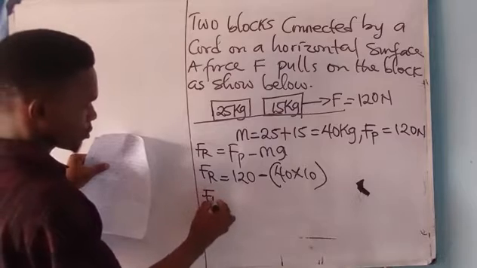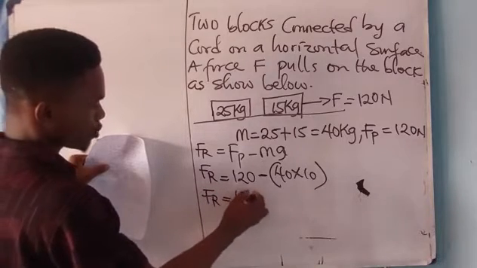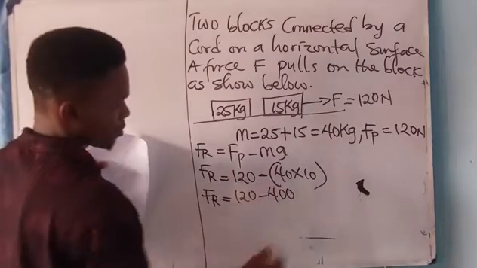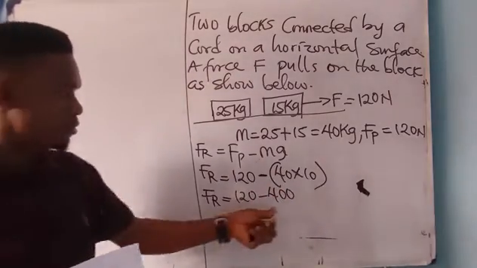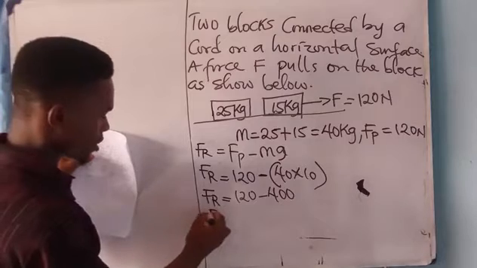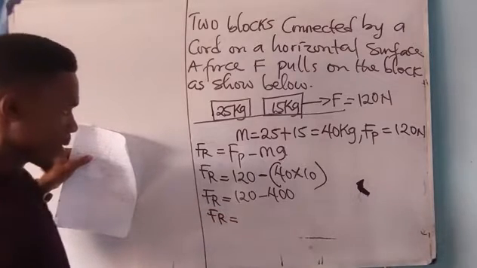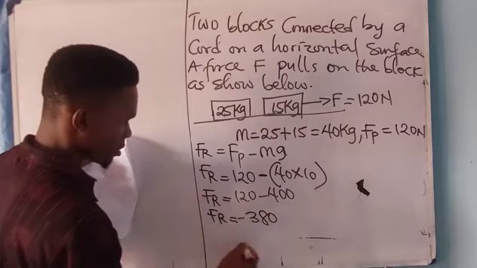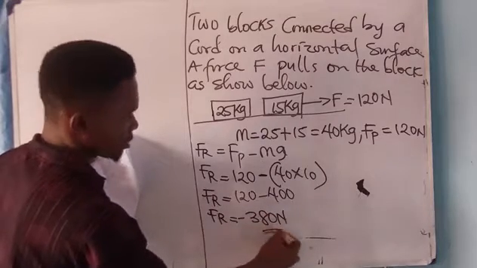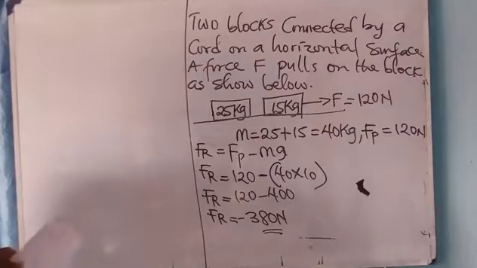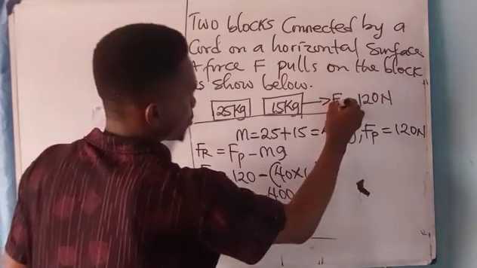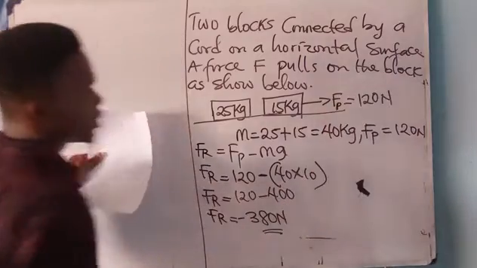So the frictional force is 120 minus 400, which gives F arrow equal to minus 380 Newton. Take note of that. That is Fp.